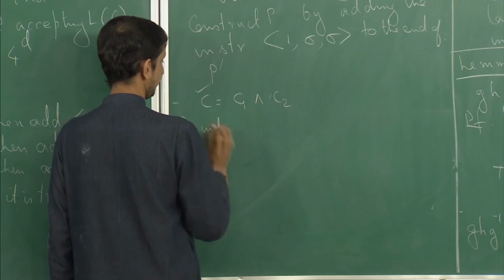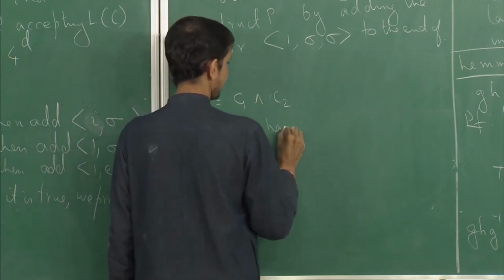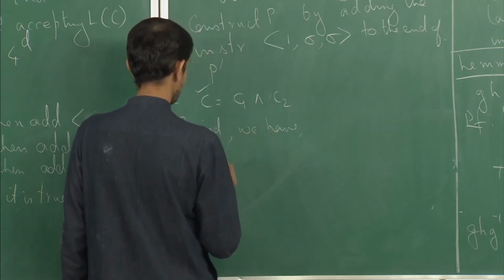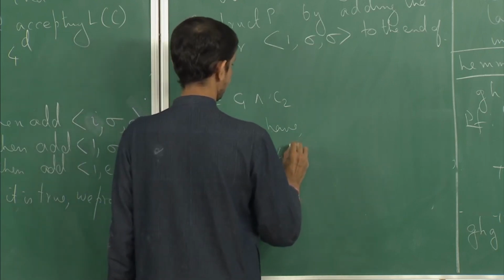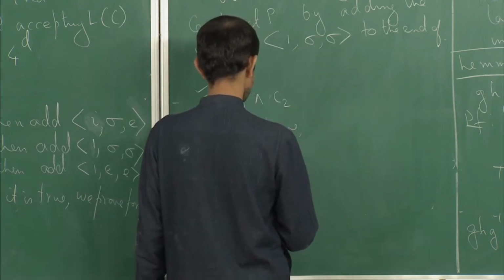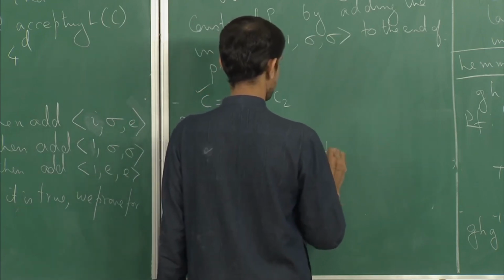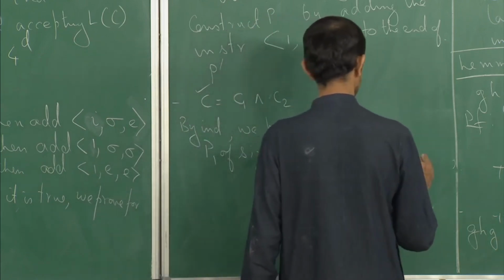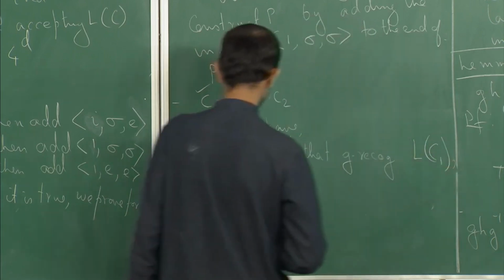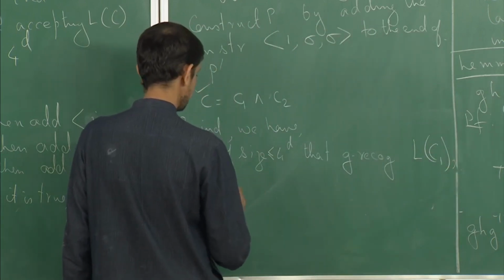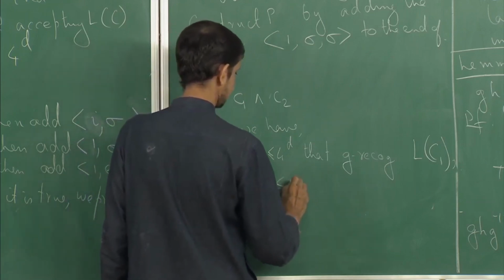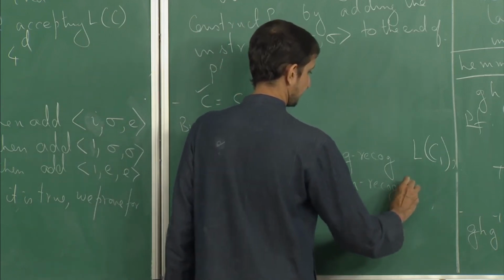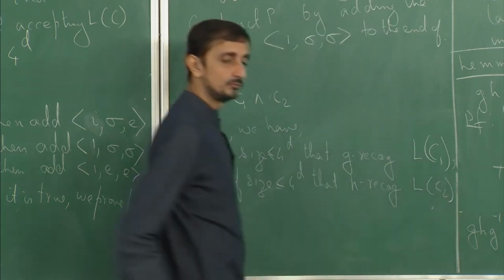By induction we have P1 of size at most 4 to the power d that, with respect to G, recognizes L of C1, and P2 of size at most 4 to the power d that, with respect to H, recognizes L of C2.